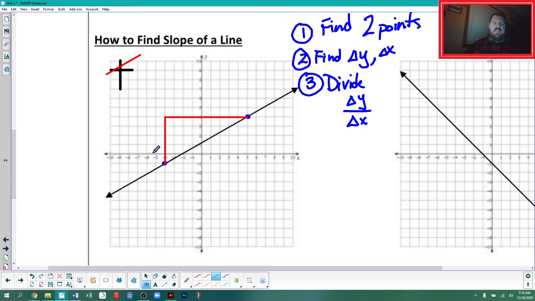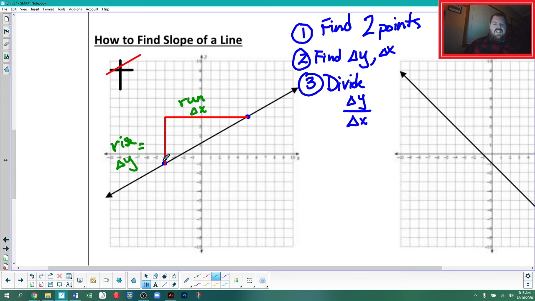This is my vertical change, my rise, which is also my delta y, my change in y. Rise is kind of a colloquial term that we can all understand: we think of up and down. And then run, that's horizontal change, or delta x.